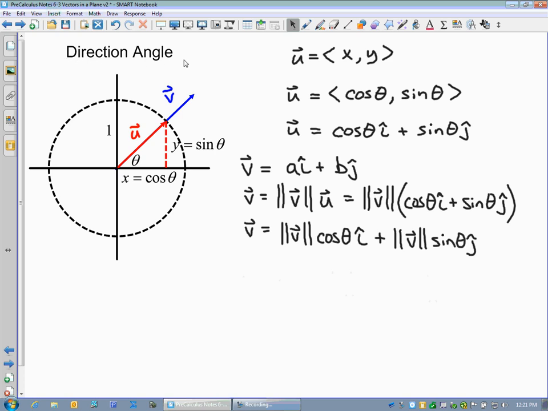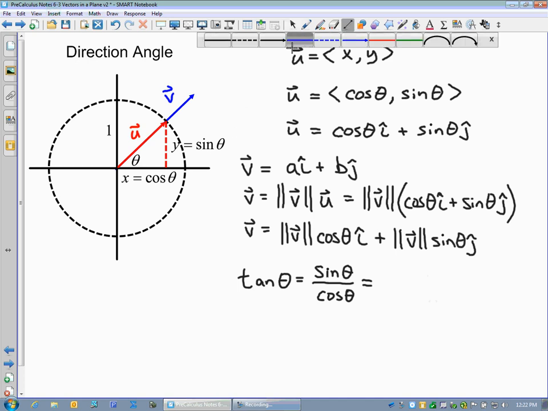Now, coming down to our direction angle, we want to find some way to get our theta. So let's look at the tangent of theta. We can see visually tangent is opposite over adjacent, which is sine over cosine, or hopefully you remember the fact that tangent is always sine over cosine. Now I can write it as sine over cosine if I'm looking at the red triangle.